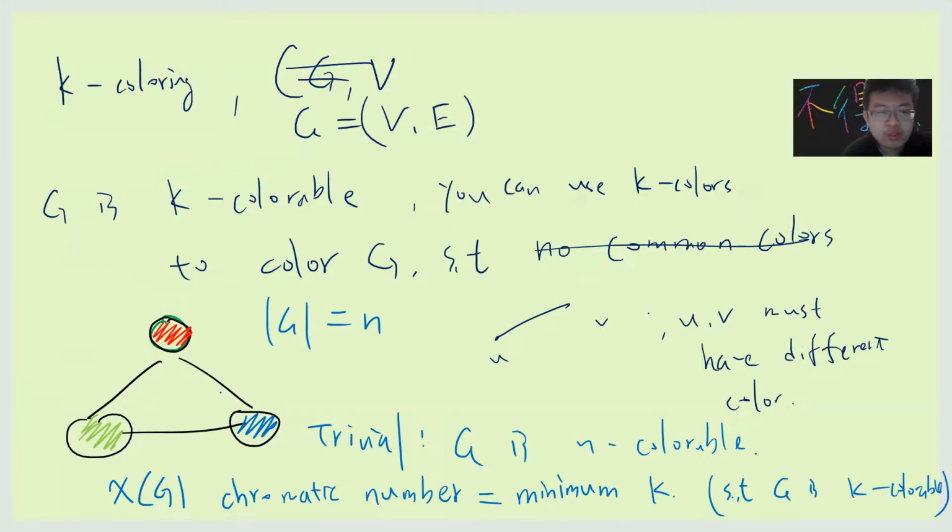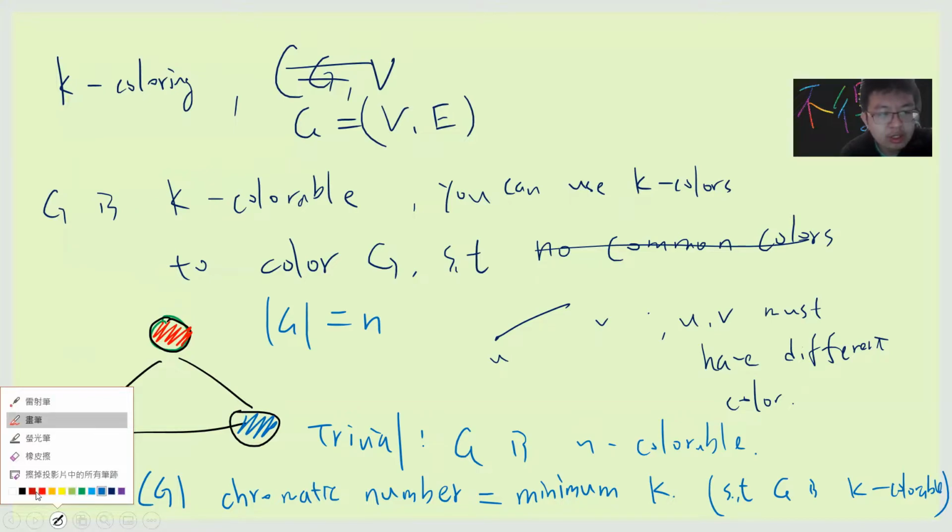For example, for this triangle, you cannot use two colors, because the vertices are connected to each other. It cannot be two colorable, so the chromatic number is 3.